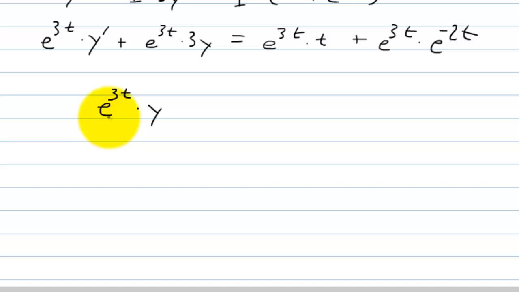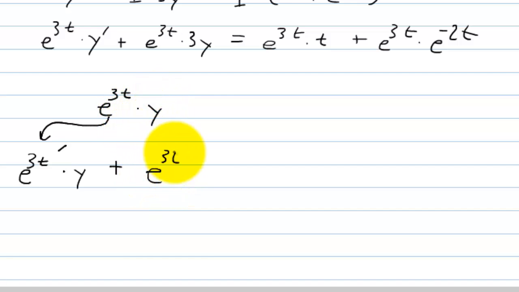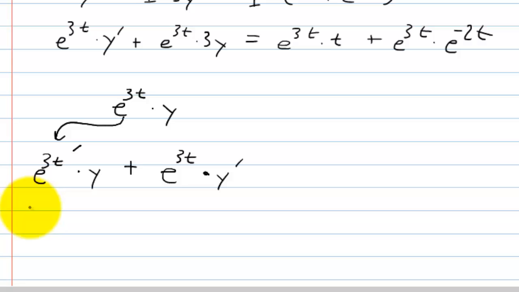If you're doing this through the product rule, I'm just going to write it right here. First you take the derivative of the first one times the second one. So that's the derivative of e to the 3t times y, plus now you do it with the derivative of the second term: e to the 3t times the derivative of y, which is y prime. The derivative of e to the 3t is e to the 3t, but you need to take the derivative of the exponent because of the chain rule.